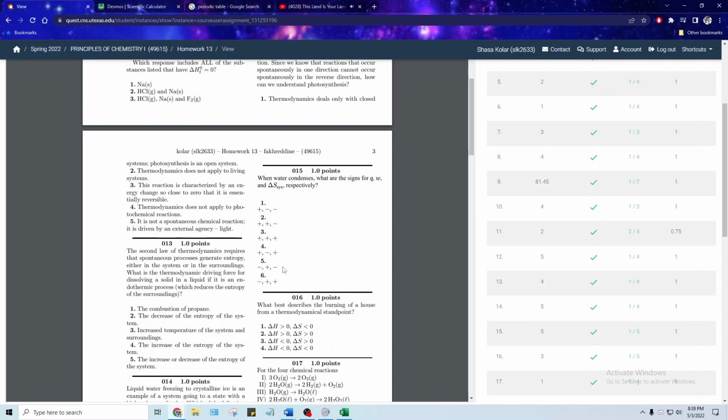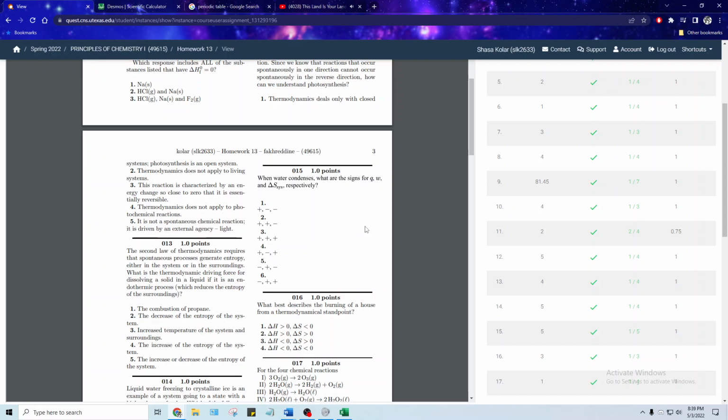Wait, so just to explain it again without rambling. When something freezes or condenses, it is getting colder. It requires removing heat. Removing heat from a system, the delta H is negative, or the Q is negative.